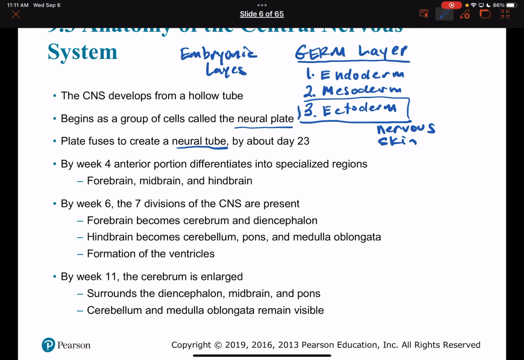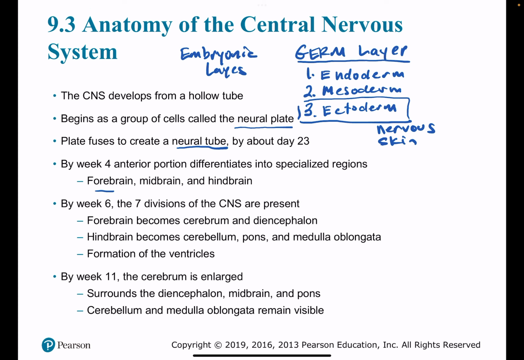So roughly a couple days later, we start to separate that neural tube into different portions of the brain. So the first things to come out would be the forebrain, the midbrain, and the hindbrain. So we go from neural tube to a forebrain, a midbrain, and a hindbrain. And then a couple weeks later, we start to develop more.